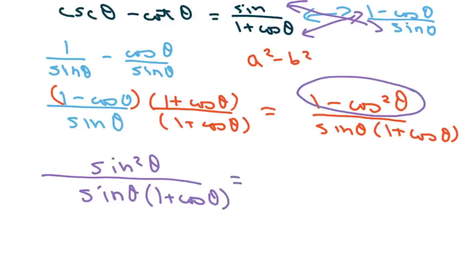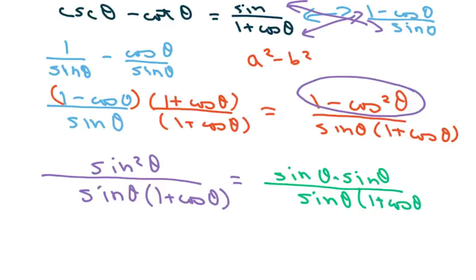And I'm just going to write this out again. This sine squared theta, all that means is sine of theta times sine of theta. Now those cancel, and you're going to get sine of theta over 1 plus cosine of theta, which is what we wanted.